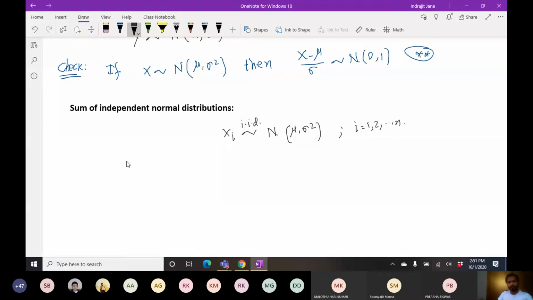Now let us define y equal to x1 plus x2 plus dot dot dot up to xn, and we would like to find the distribution of y.